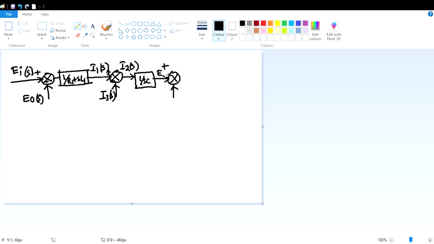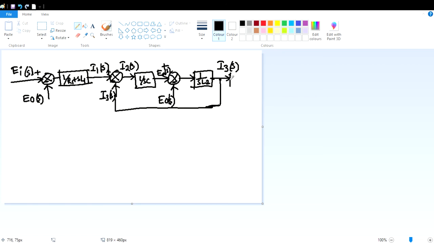So this is my EA(s), and here there is a comparator block again because E0 is required. If I multiply it with 1 upon SL2, I get I3(s). Now I3 is also needed in the feedback path, so I3 comes to the earlier comparator.